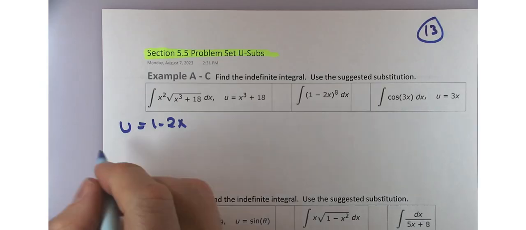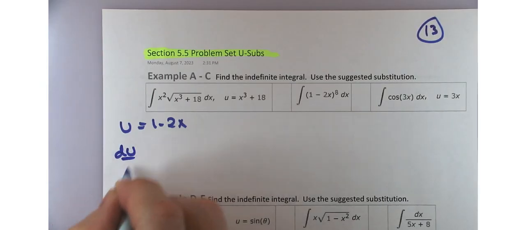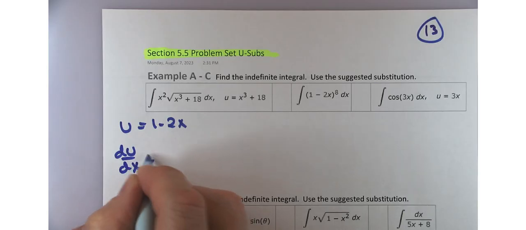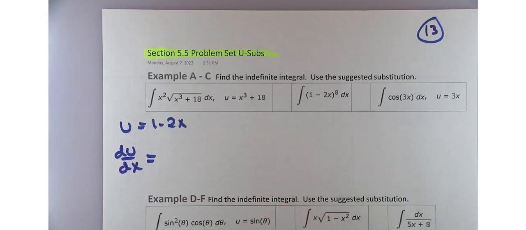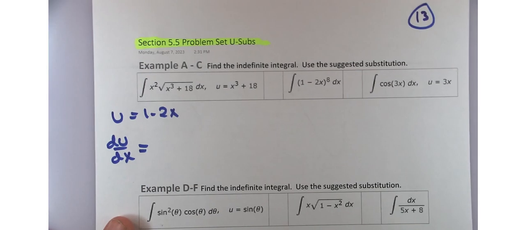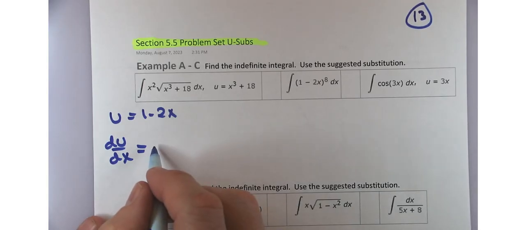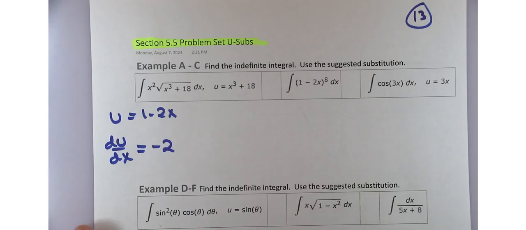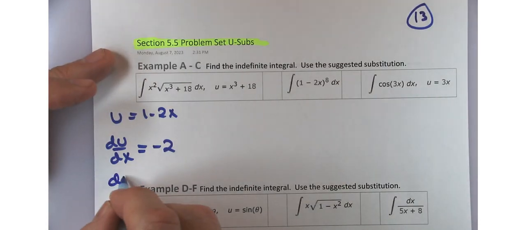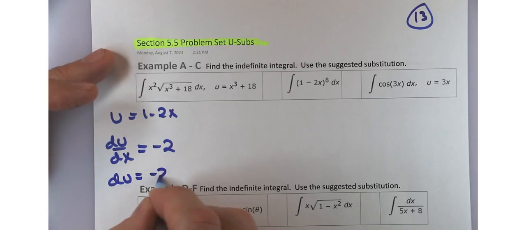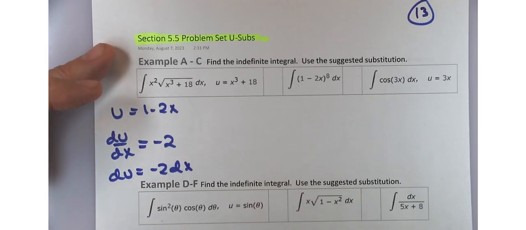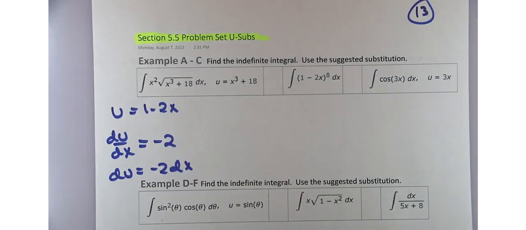And then I'll differentiate both sides. du by dx. What's du by dx going to equal? Negative 2. Yeah. Or, and Eura's going ahead of me a little bit, but that's great. du equals negative 2 dx. That's wonderful.